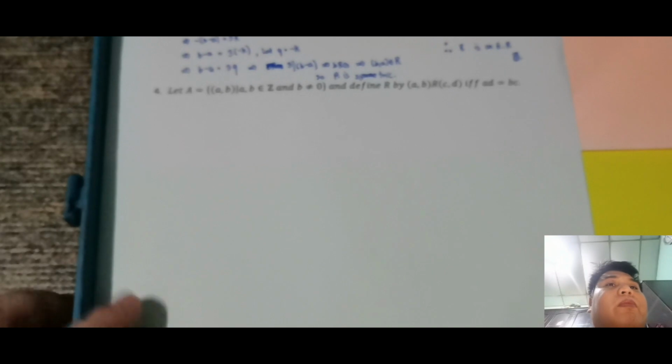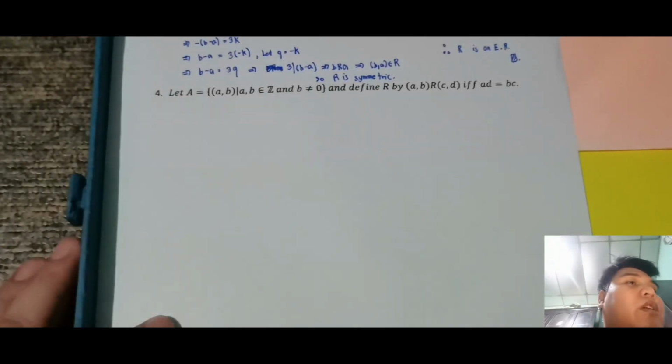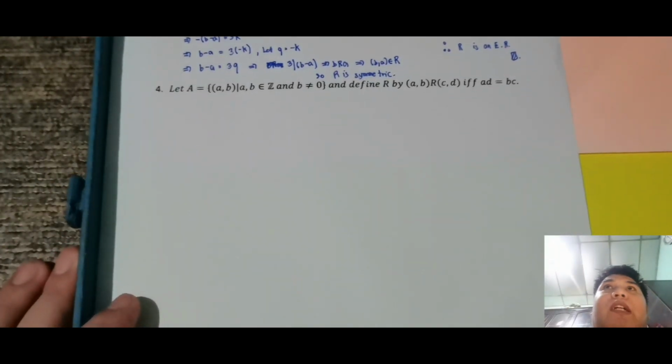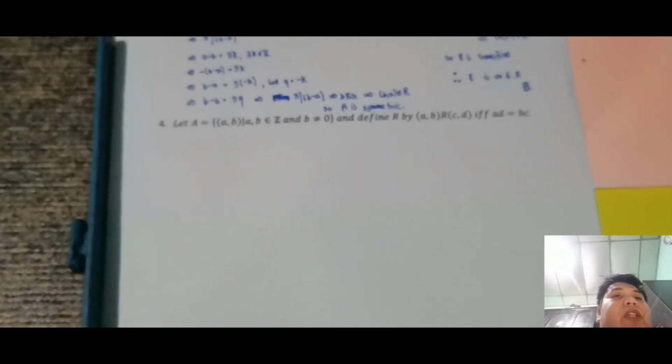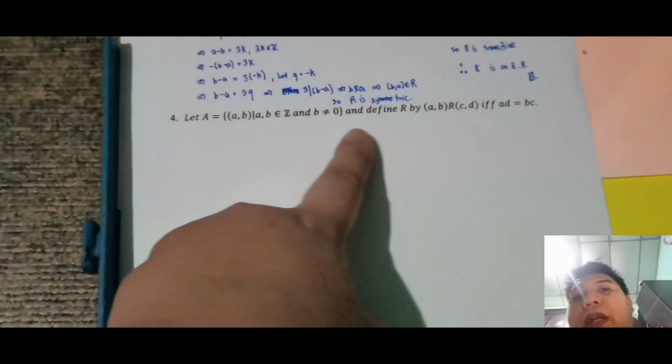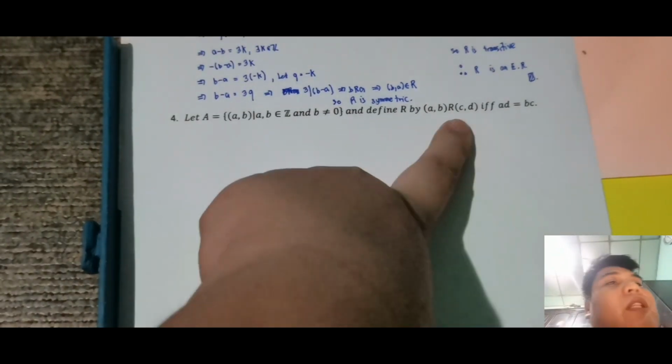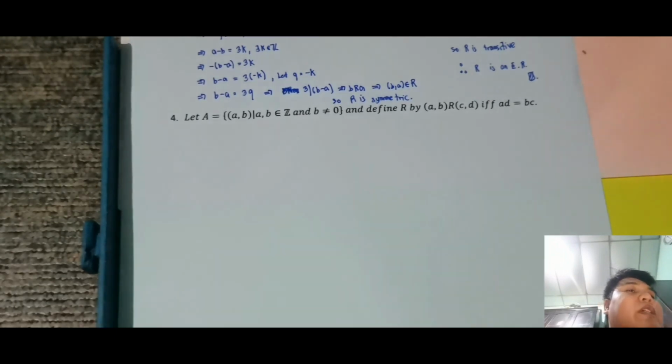Okay, so let's have number 4. Dito sa number 4, hindi ako mag-solve ng equivalence classes niya. Bakit? Pag titignan mo yung element, so sabi, let A be the set of (a, b) such that a and b are integers and b is not equal to 0. And define R to be (a, b) related to (c, d) if and only if ad is equal to bc. So, napansin mo, ito yung relation na kung saan ang laman is ordered pair.